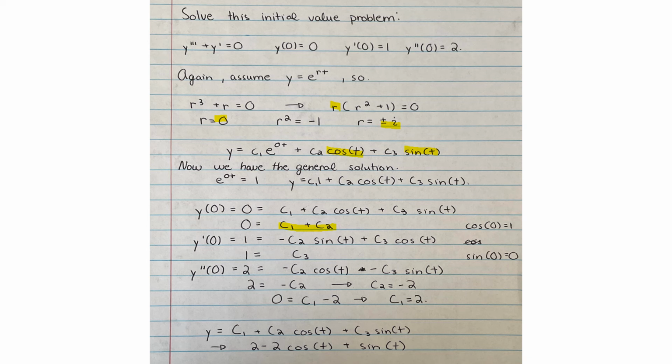And the next step we take is for y double prime, the second derivative of y at 0, which is equal to 2. So we have negative constant 2 cosine t and then negative constant 3 sine t. We already know this is a 1, we don't need to do anything. Plus, we know sine t of 0 is equal to 0.